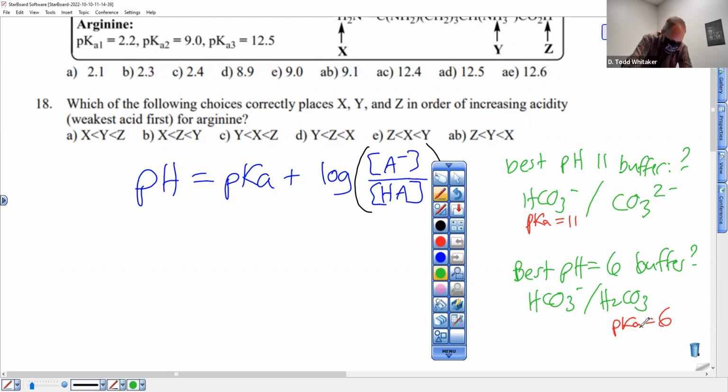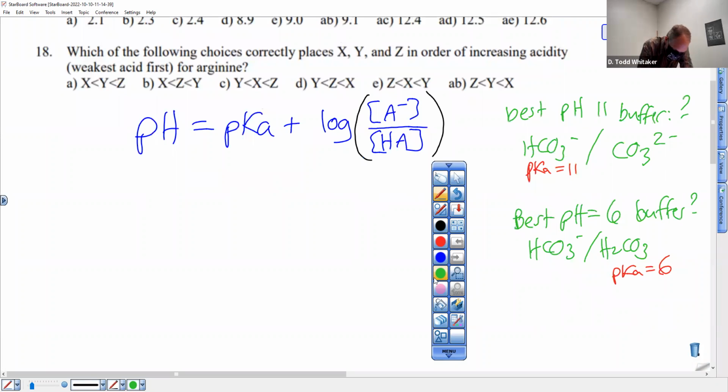Okay? Now, if I wanted pH equals, and there's no accident in this number, it's the most important number in acid-base chemistry, especially for mammalian species. Where did that number come from?